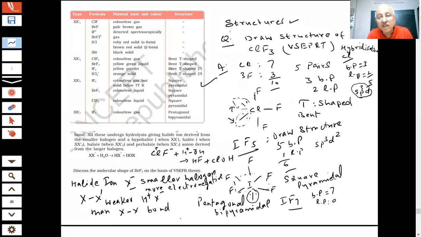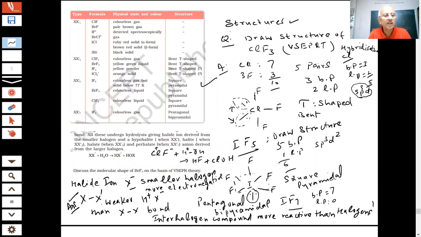So we can say that interhalogen compounds are more reactive than halogens. Why? This question was asked in the paper, students. Why are they more reactive? Because the XX dash bond is weaker than the XX bond. This is the answer.